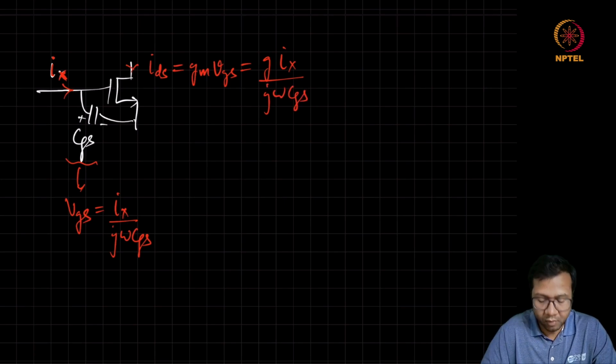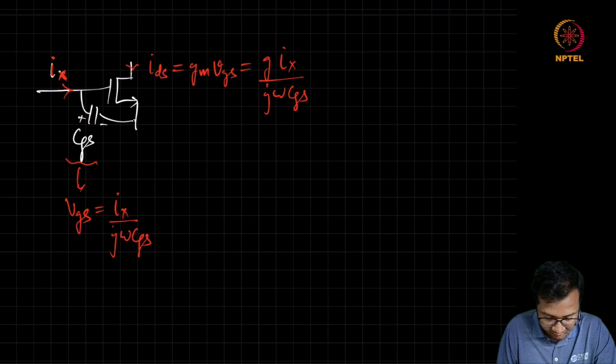Now we have found a way to generate a current which is purely imaginary, and if we can now force this imaginary current to flow through a purely reactive, imaginary impedance, then we can expect that the voltage drop is going to be real.